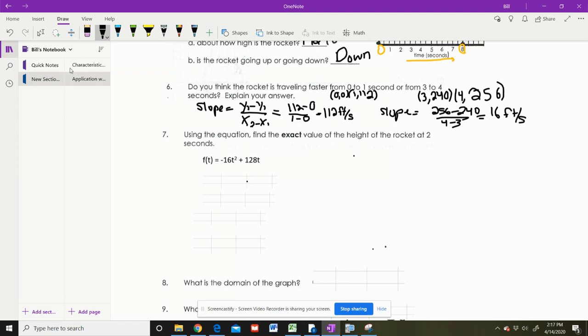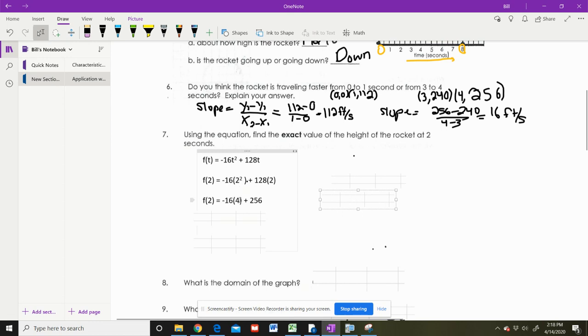And so the first step is you're going to put your 2 in for the t. So 2 goes into wherever you had a t. It's going to be 2 squared times negative 16 plus 128 times 2. The next spot, you're going to square that. So 2 squared is 4.